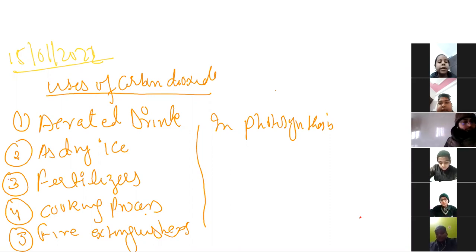Okay, soda water has that sharp and sour taste. Then when soda water is mixed with sugar, color and flavor, it forms soft drink. So we can say that carbon dioxide is used in aerated drinks.